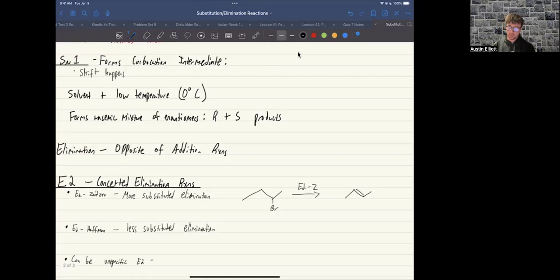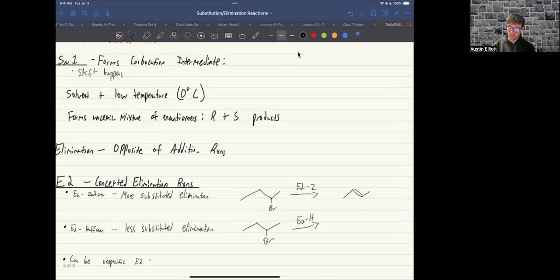So an E2H would look like this. Put that bromine on the same group, like that right there, E2H, and then it'd be like that. It'd go in the other direction rather than towards the more substituted carbons. It'd go to the end with the least substituted carbon.